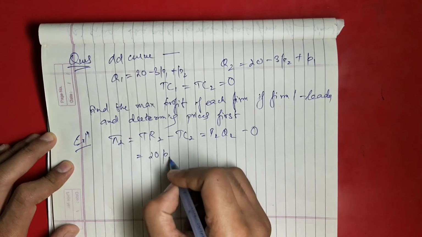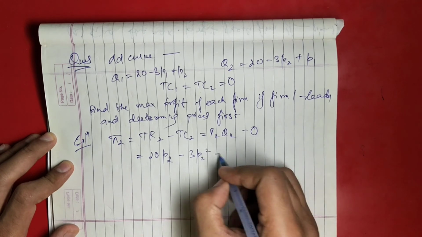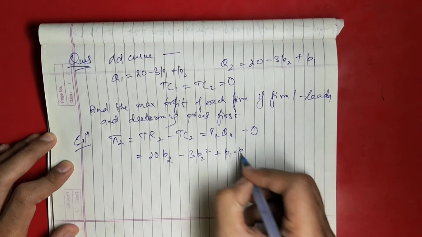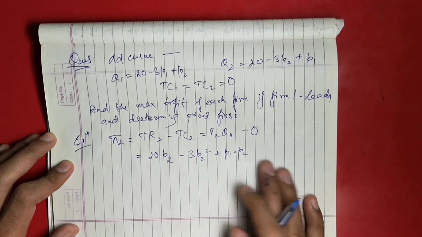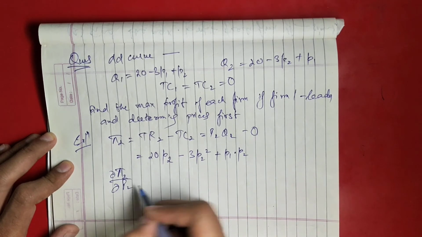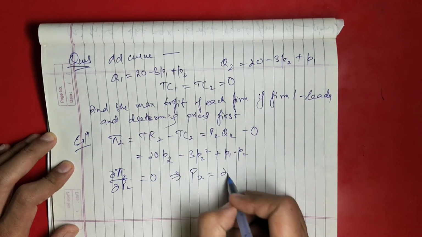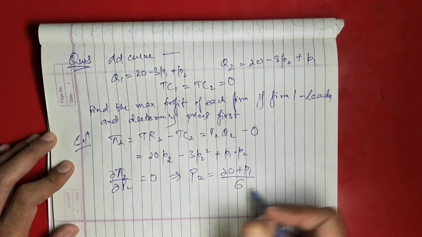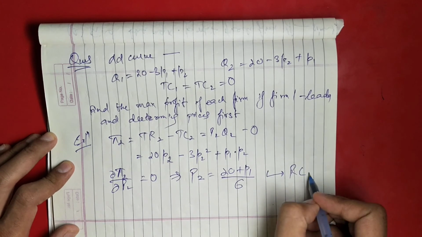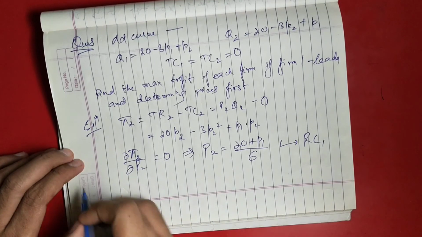This will be 2P2 minus 3P2 square plus P1 into P2. We have already done this, and we put the derivative with respect to P2 equal to 0, and we got earlier, if you remember, P2 equal to (20 plus P1) by 6. This is your RC1.